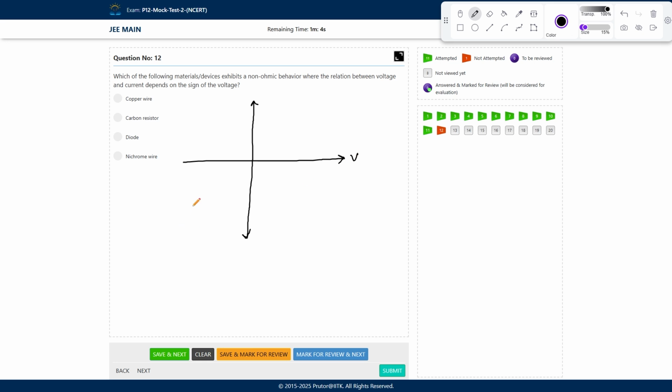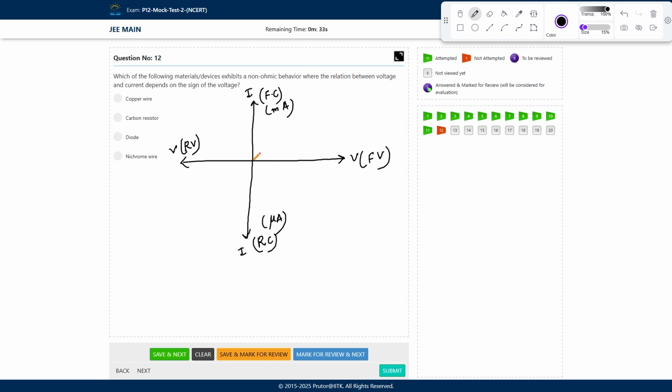So here is voltage V, and here is voltage in reverse direction. So it is called forward voltage, and this is reverse voltage. This is forward current, which is in milliamperes, and this is reverse current, which is given as microamperes.